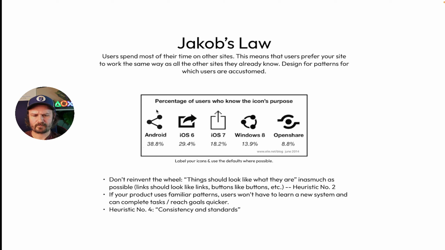And that ties into the first bullet point here. Don't reinvent the wheel. You want things to look like what they are as much as possible. By that I mean your links should look like links, and your buttons should look like buttons, and so on and so forth. And that ties into heuristic number 2, which is, just to summarize it, things should look like the thing that they represent.